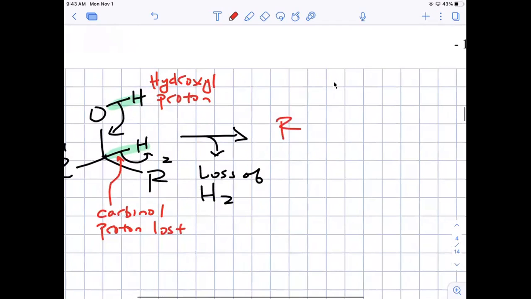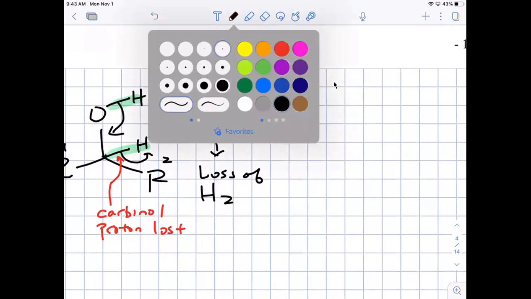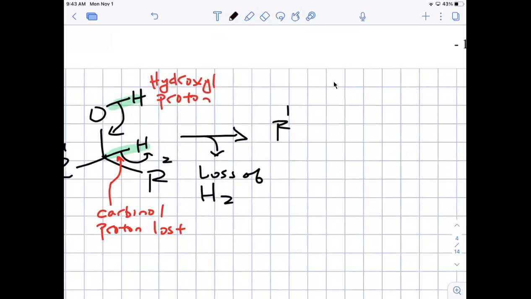All right. So then you end up with a carbonyl, and I'm going to put the H2 in quotes because you don't necessarily lose hydrogen gas, but you lose both of those hydrogens.